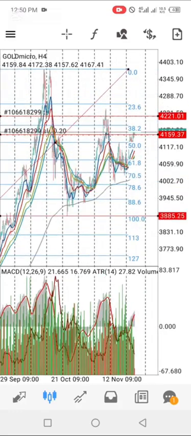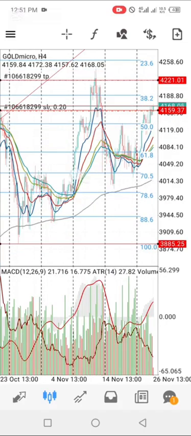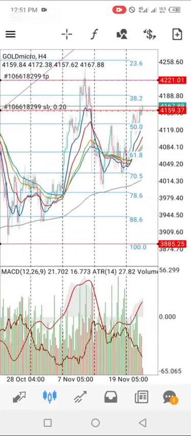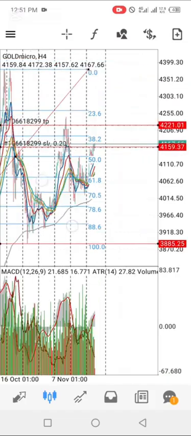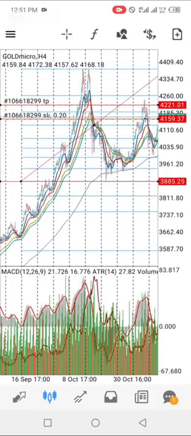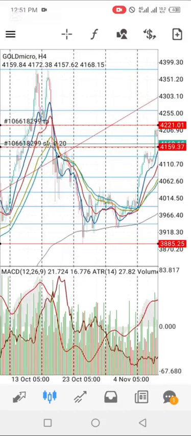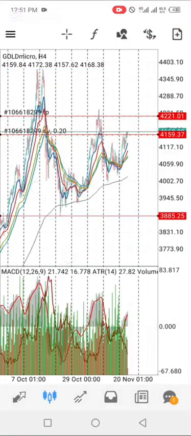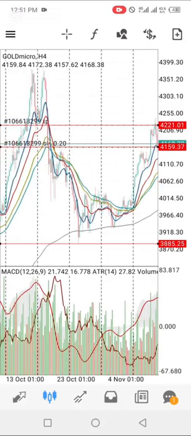Okay, now let's go back to 1 hour. But even without going back to 1 hour, see how that move came exactly to the 88.6 level. Now, like I said before, this is like an added confirmation. Even without actually using my Fibonacci tool, since I'm already used to the strategy, the next thing I do is just look for a double bottom or any form of candle that shows that price was already preparing to go back up.